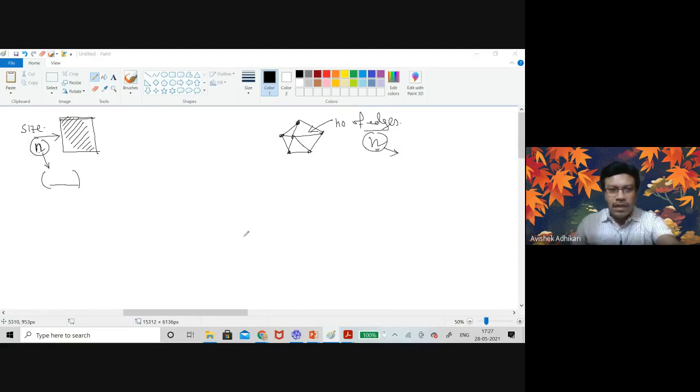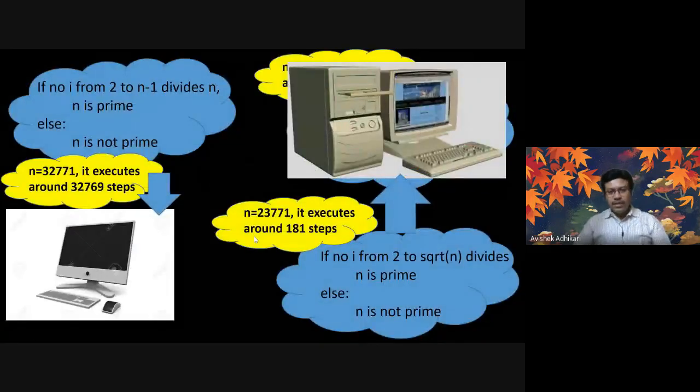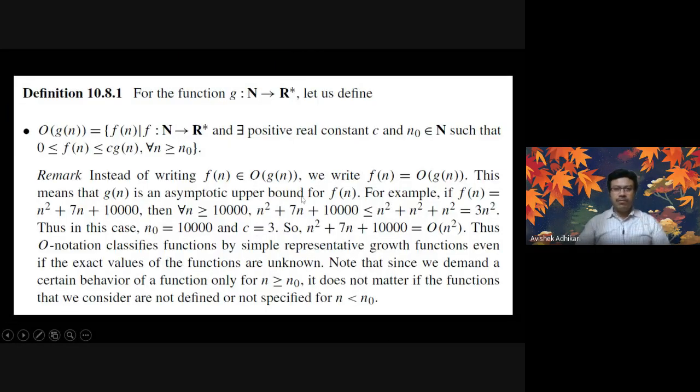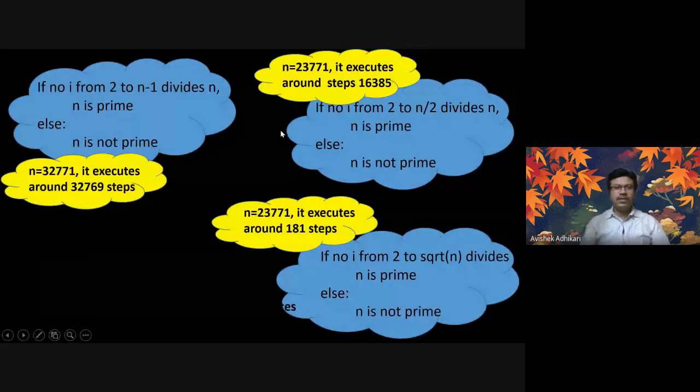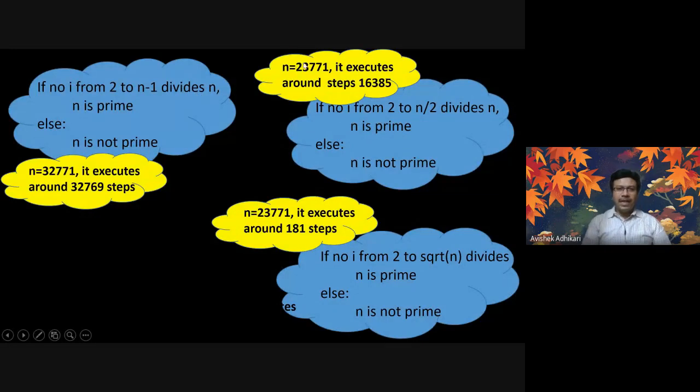Now let us have another important parameter that is required, that is some notation. For example, in my previous example, you can see how many times this division checking is happening, around 32771.